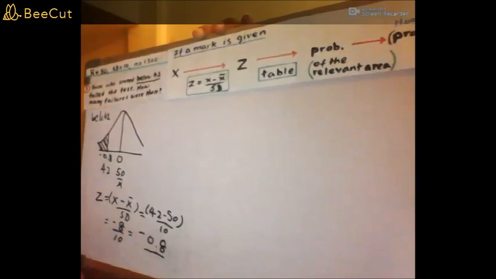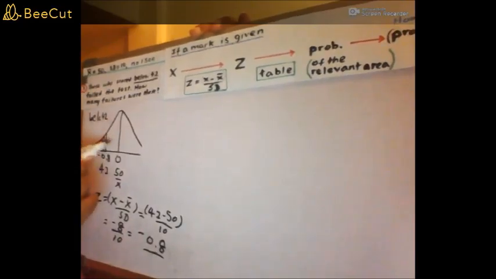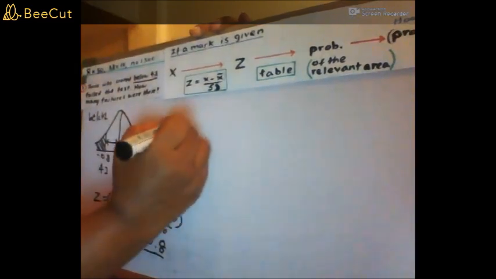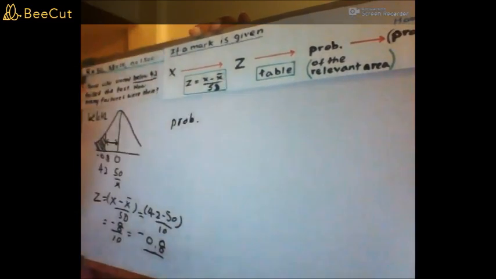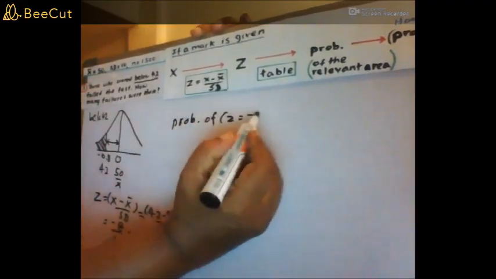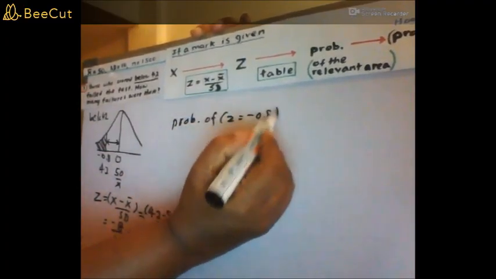Okay. Now we got that one. Then we'll get this one. We have to find the probability of the relevant area. We don't know this probability. We can find the probability of this area from the table because we know the relevant Z value. So write probability of Z equals minus 0.8.